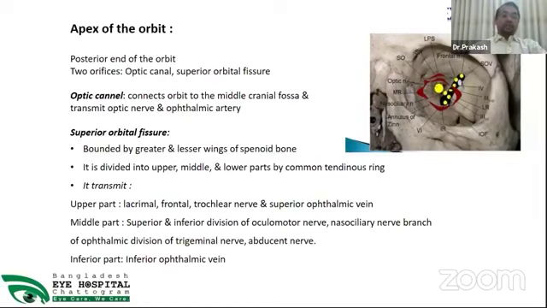In the middle part, it transmits the superior and inferior divisions of the oculomotor nerve, the nasociliary branch of the ophthalmic division of the trigeminal nerve, and the abducens nerve. Through the inferior part, it transmits the inferior ophthalmic vein.